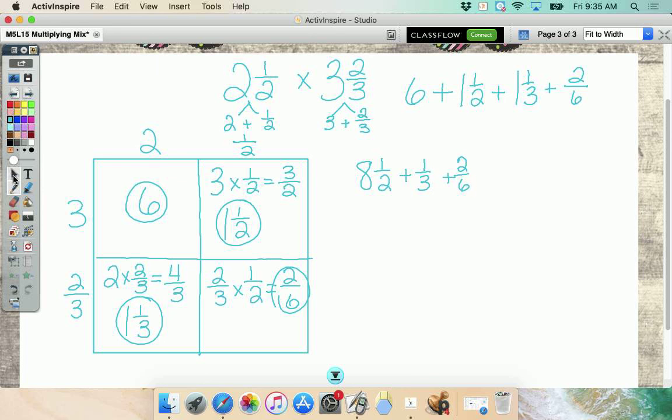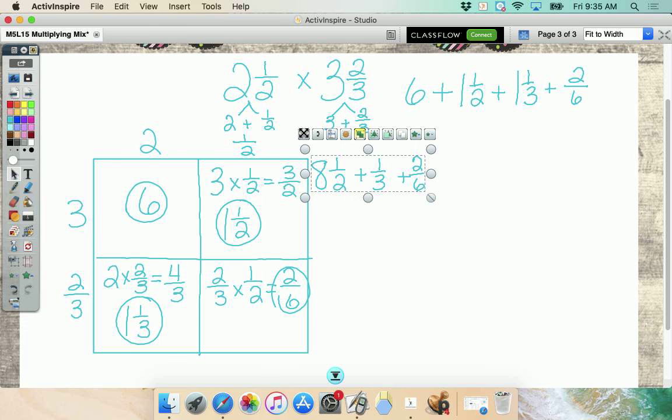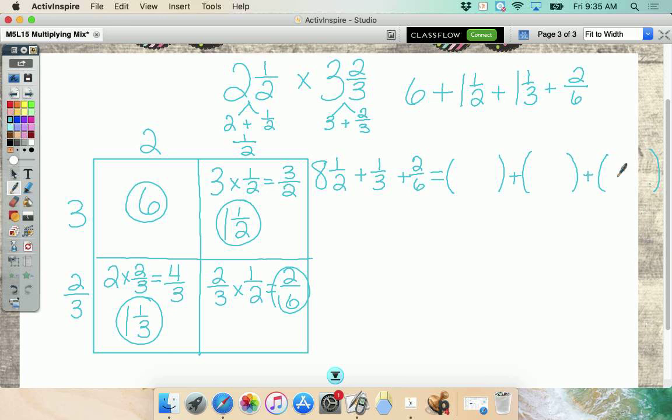Okay. I'm going to see if I can move that over, but it's probably not going to. Oh, it is going to let me. And the reason I need to move it over is because I got to find common denominators, don't I? So I want you to get it set up like this, because we're going to go back to the way we learned this.